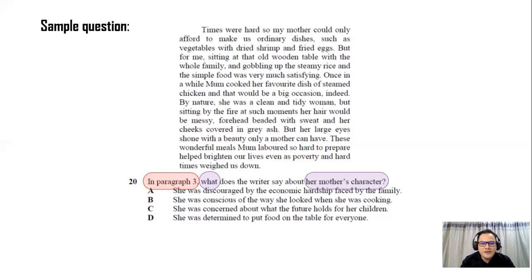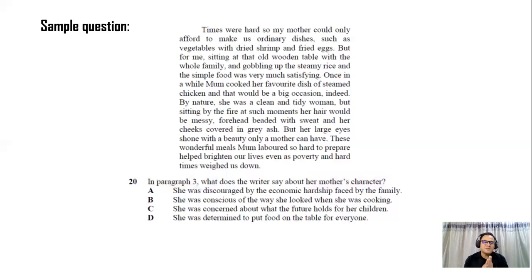By nature, she was a clean and tidy woman, but sitting by the fire at such moments, her hair would be messy, forehead beaded with sweat, and her cheeks covered in grey ash. But her large eyes shone with a beauty only a mother can have. These wonderful meals Mom labored so hard to prepare helped brighten our life, even as poverty and hard times weighed us down.